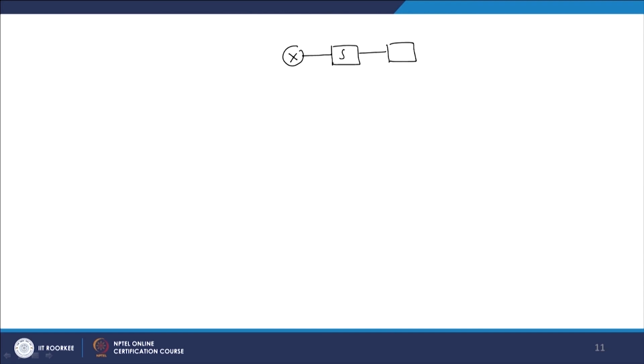Here is C, here is the output Y. Here is matrix B and here is the A matrix. Now, we have state x dot and here is x, and here is the control input U. Now, this is the original plant. Now, we have to draw the block diagram of the minimum order observer.